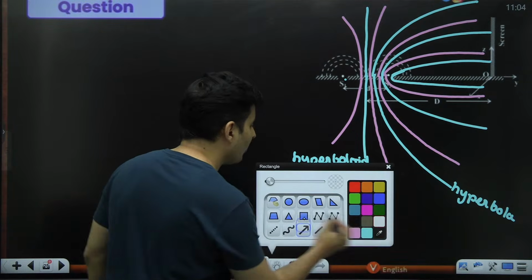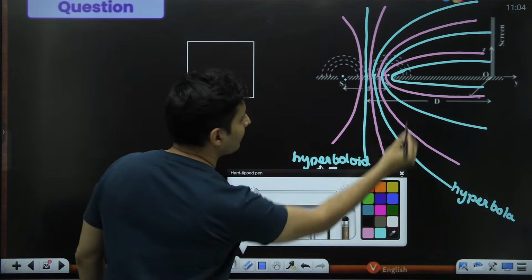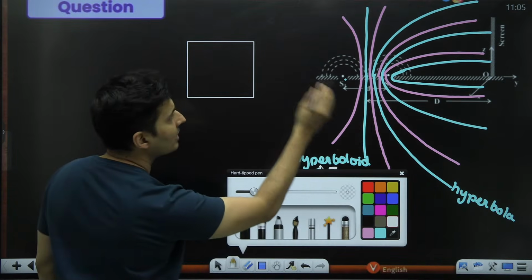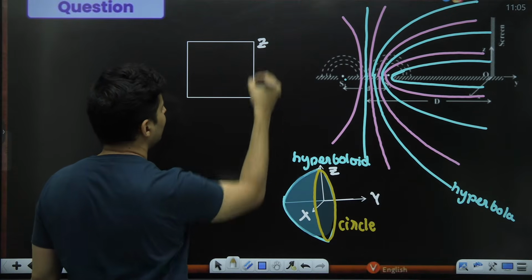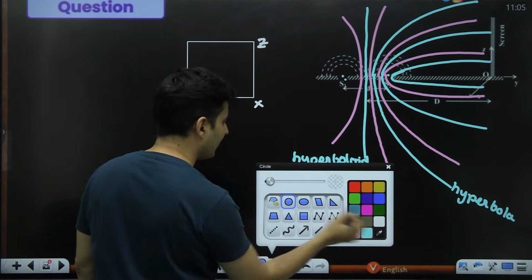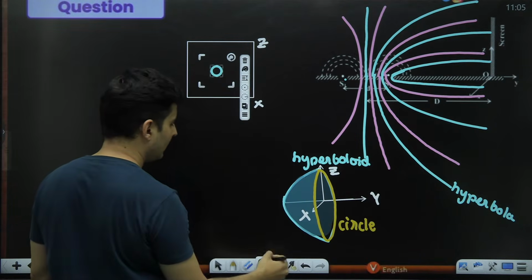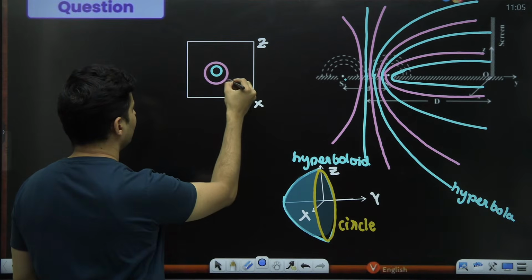So if you observe the screen, which is basically your zx plane, this is the z axis, this is, let's say, the x axis. What you are going to see is something like this: a bright, then a dark.